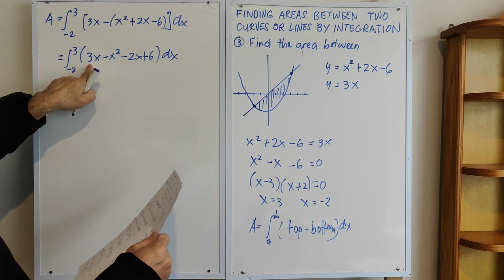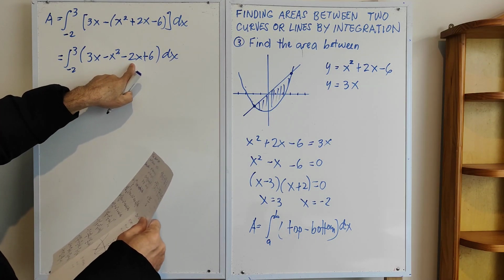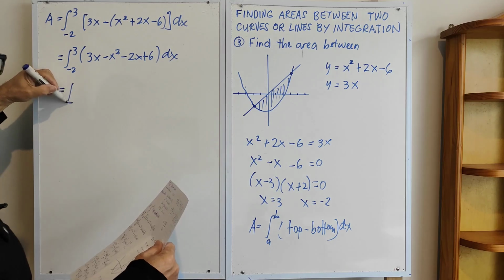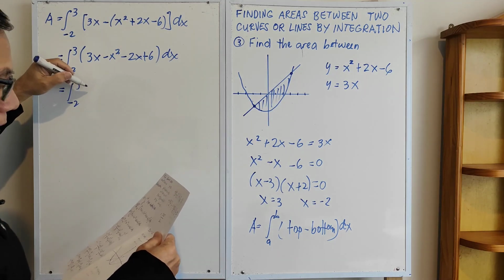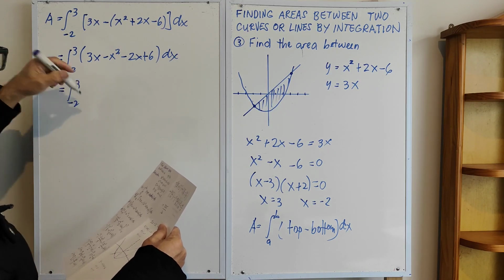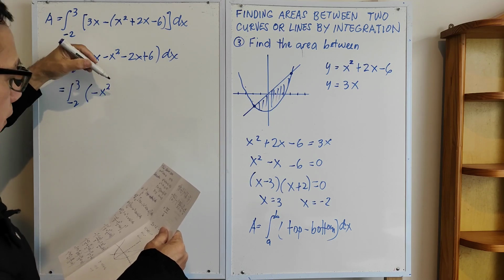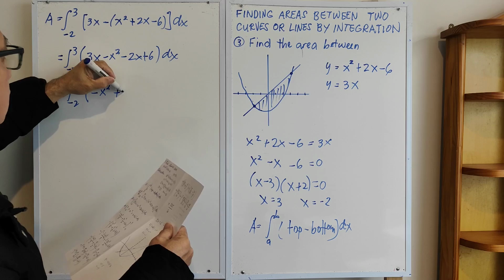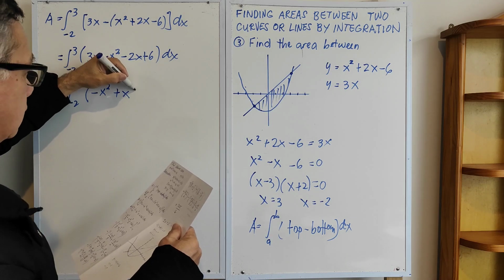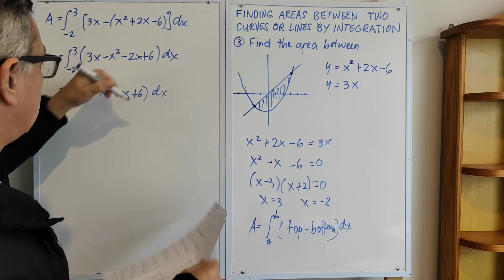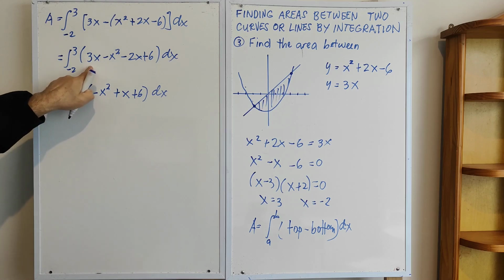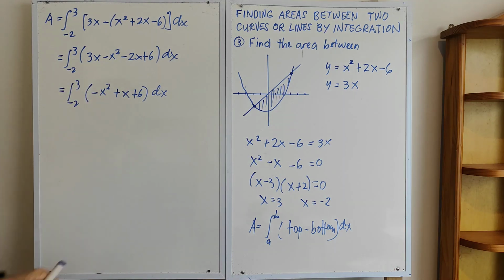And then 3x minus 2x becomes x, so this will be negative x squared plus x plus 6 dx.